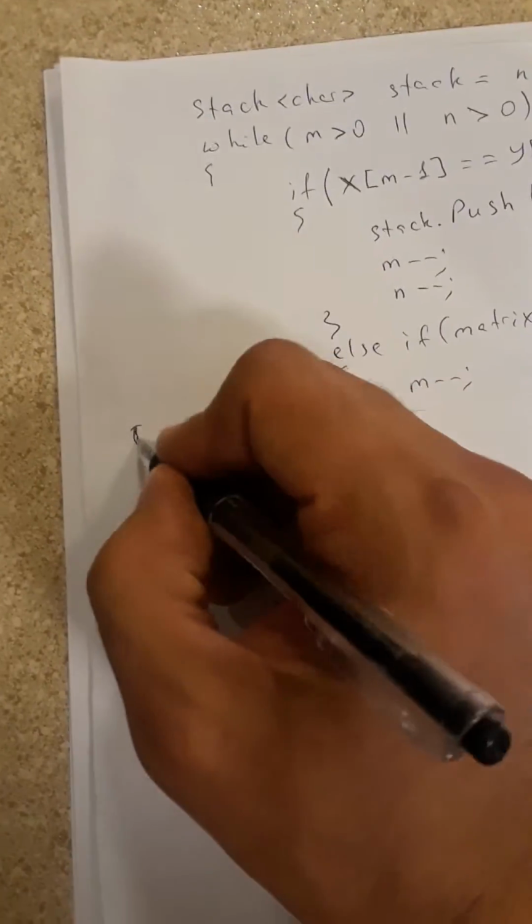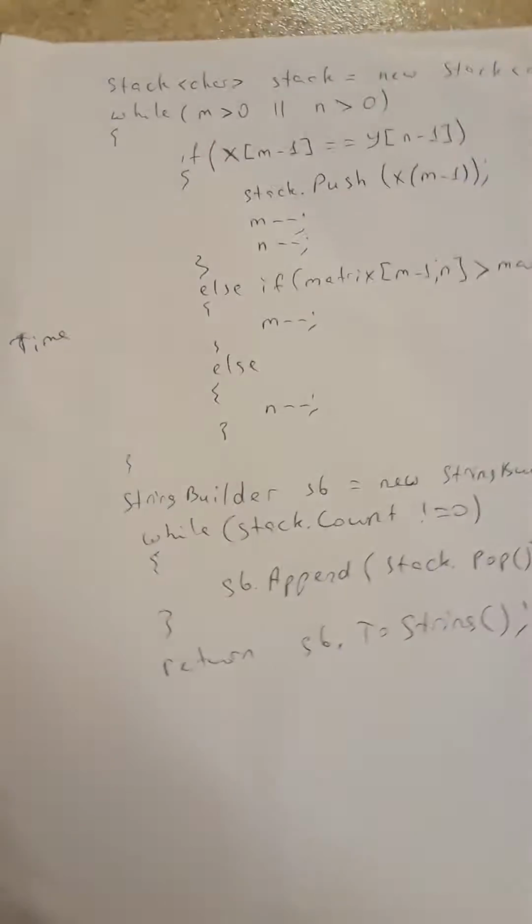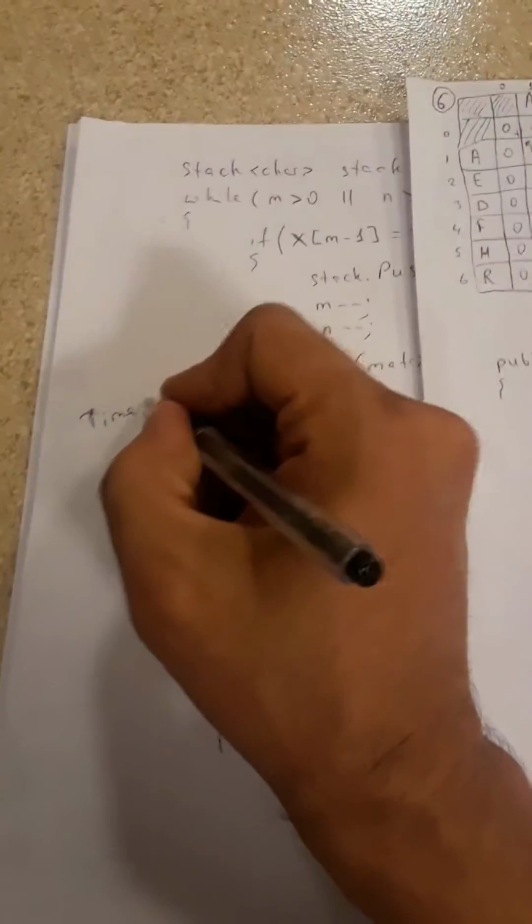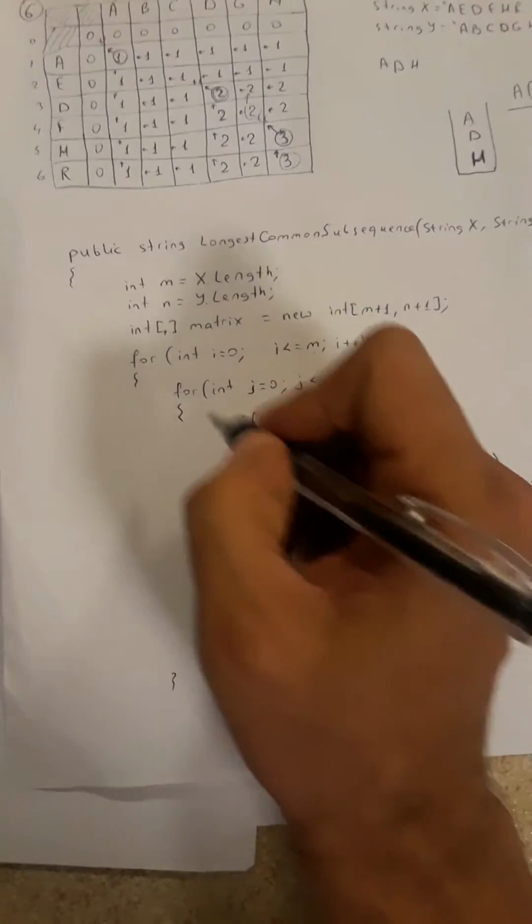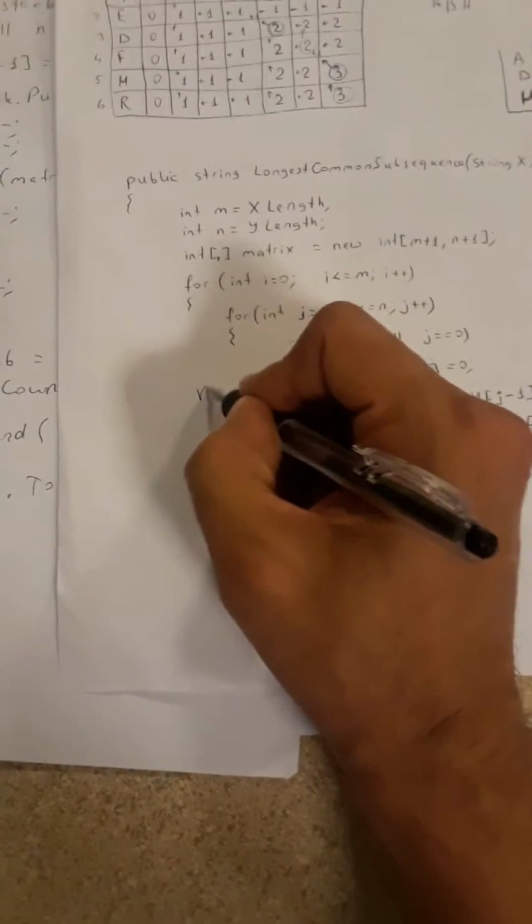So the time complexity of this code is, here we have a double for loop, m multiplied by n.